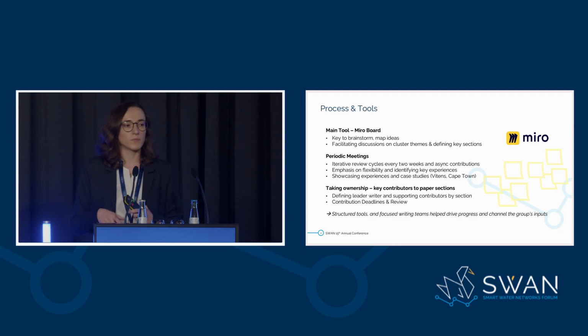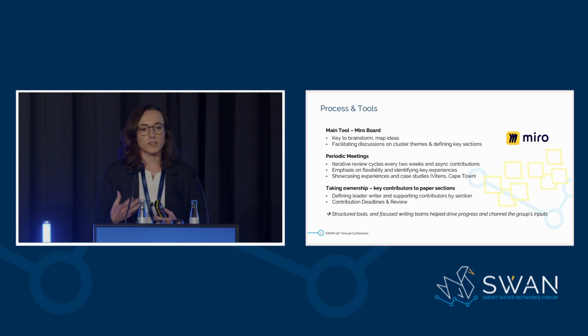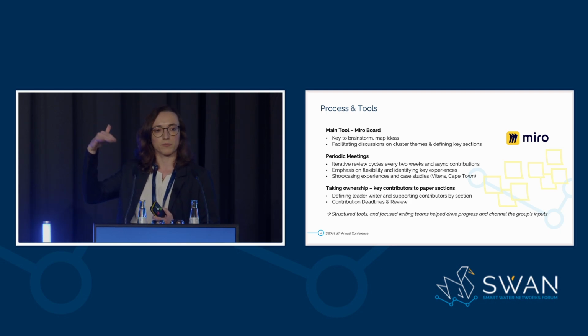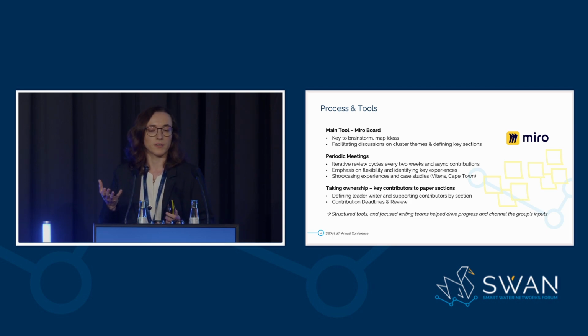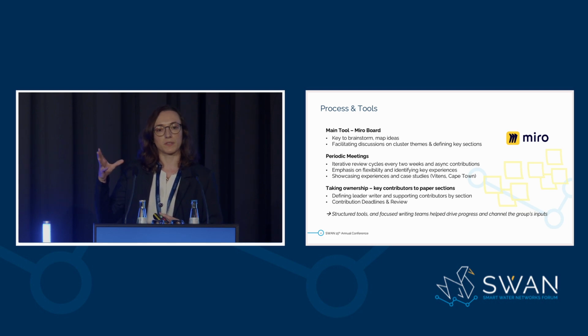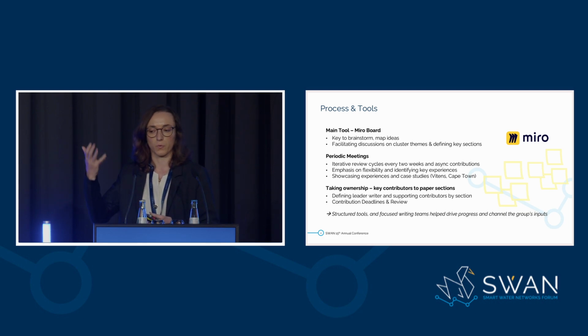So how did we come about writing this paper, deciding which topics to use, what would be the structure to follow? We all worked remotely from our different countries or different utilities or companies. The main tool that we used was, first of all, video conferencing. To brainstorm and map ideas, we relied on the Miro board to make it a little bit more visual, instead of just a Word template.